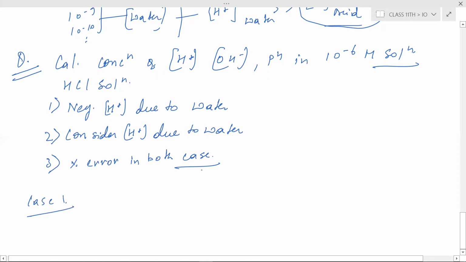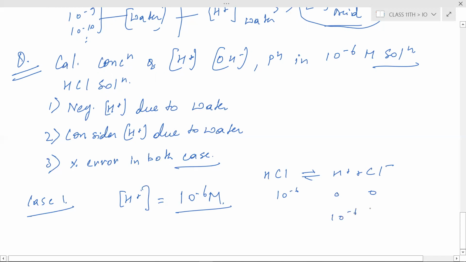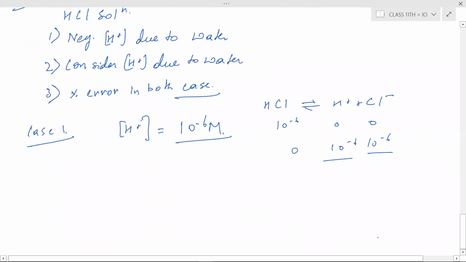If we neglect the H plus ion due to water, then the concentration of H plus ion will be equal to 10 raised to power minus 6 molar only, because this is a strong acid. HCl gives rise to H positive plus Cl negative. If initially HCl was 10 raised to minus 6 molar, then finally H plus ions and Cl negative ions will be 10 raised to minus 6 molar each, because this is 100% dissociated.